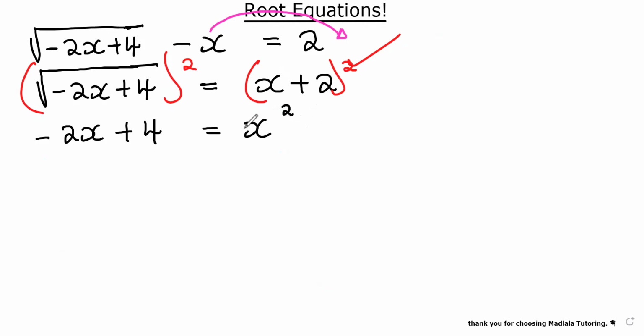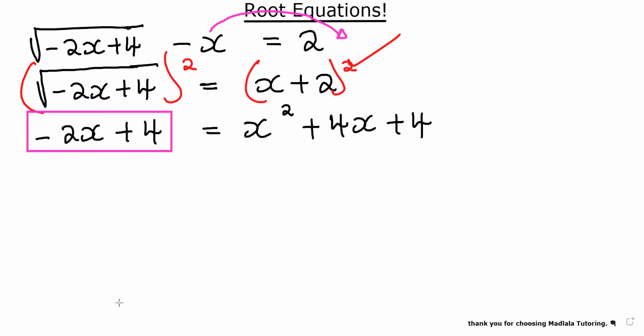And after successfully using the FOIL method, we get x squared plus 4x, and then we say plus 4. Then we take this 2x plus 4 to the right-hand side. It becomes, oh well, the 2x becomes positive, and the 4 becomes negative, all right?